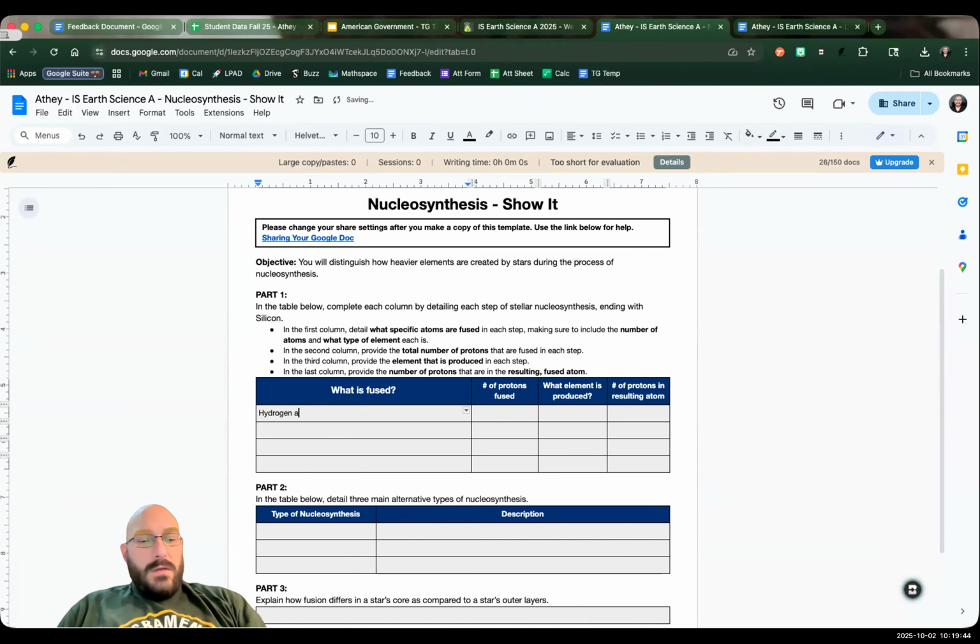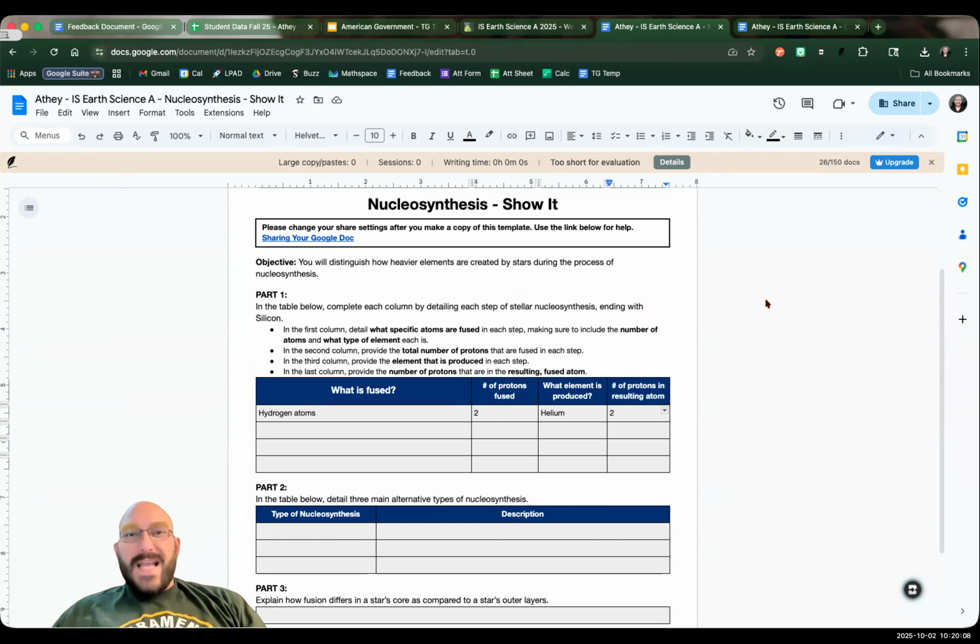Hydrogen atoms. Number of protons fused, we'll say two, kind of. What element has been produced? Helium. Number of protons in the resulting atom, two.